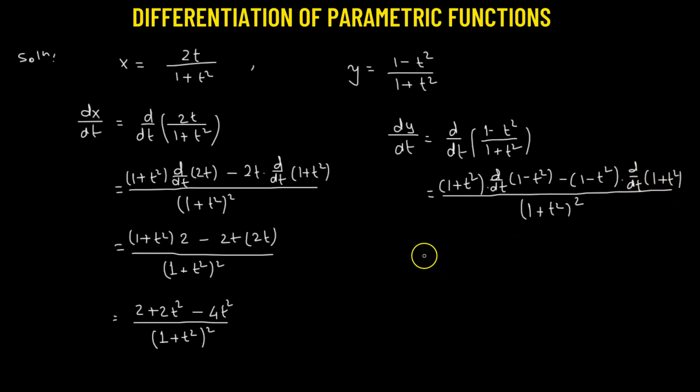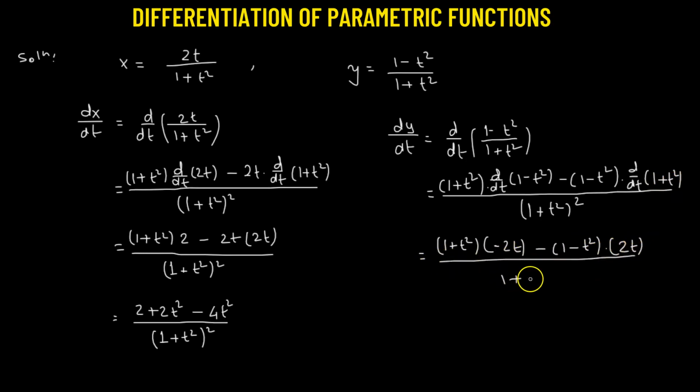This will be equal to 1 plus t squared multiplied by the derivative of 1 minus t squared, where the derivative of 1 with respect to t is 0 and the derivative of negative t squared is negative 2t, minus 1 minus t squared multiplied by the derivative of 1 plus t squared, which is 2t, whole divided by 1 plus t squared whole squared.